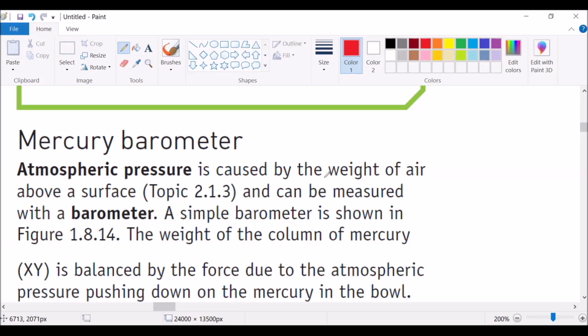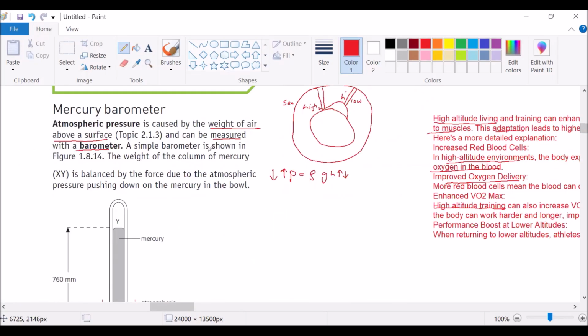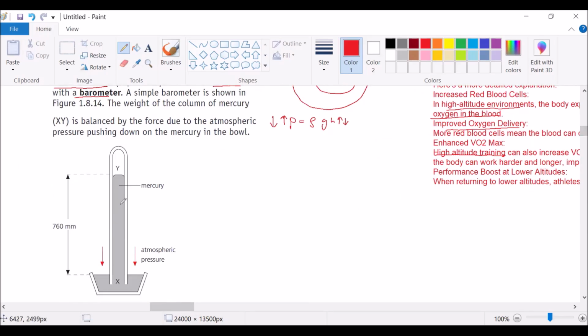Now let's look at the mercury barometer. Atmospheric pressure is caused by the weight of air above the surface and can be measured with a barometer. A simple barometer is shown in the diagram below. The weight of the mercury in here from X to Y is balanced by the force due to the atmospheric pressure pushing down on the mercury ball.